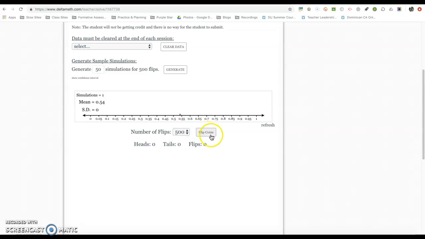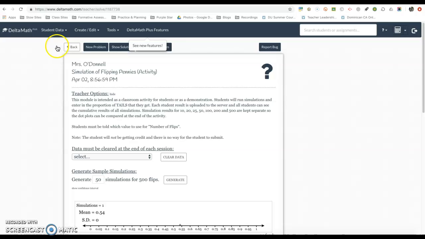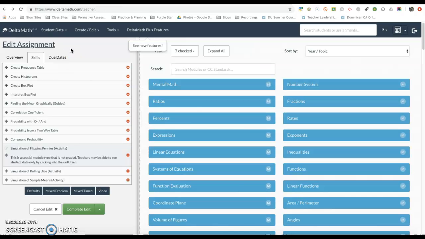This is really good for learning what you need to make a valid experiment. One little data point doesn't really tell us much about what's happening with the coin flip. We would need a lot more information to visually see it and make better judgment calls. Okay, I feel like we've got the flipping pennies activity down pat.